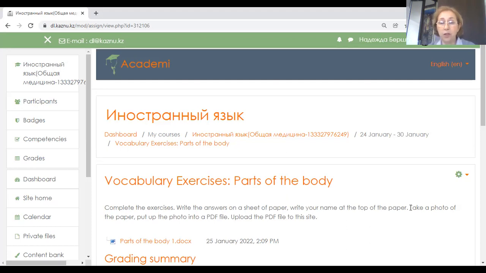Then, after you have finished, you should take a photo of the paper, of the ready-made exercise, and you should put the photo into a PDF file, and then upload the PDF file to the site in this very folder, to vocabulary exercise folder.